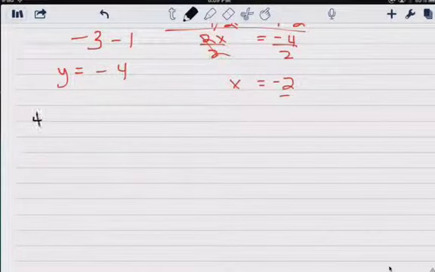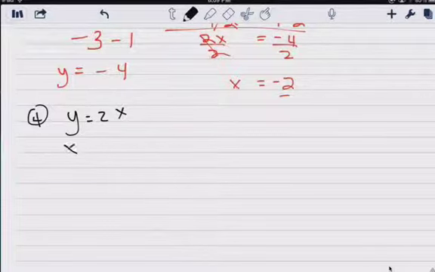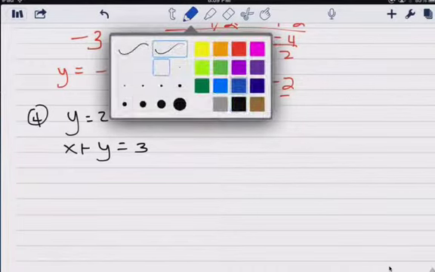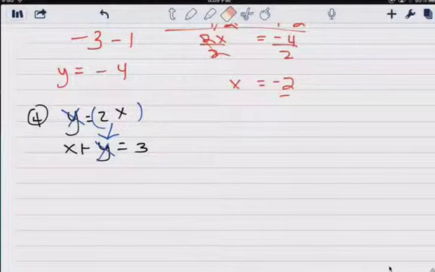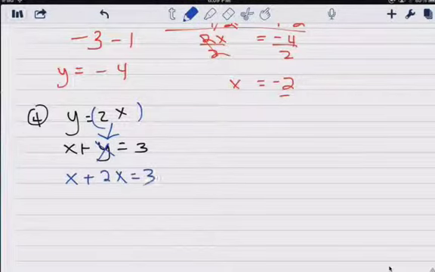Number 4, y equals 2x, and x plus y equals 3. Substitute this into here. You get x plus 2x equals 3. Get 3x equals 3.